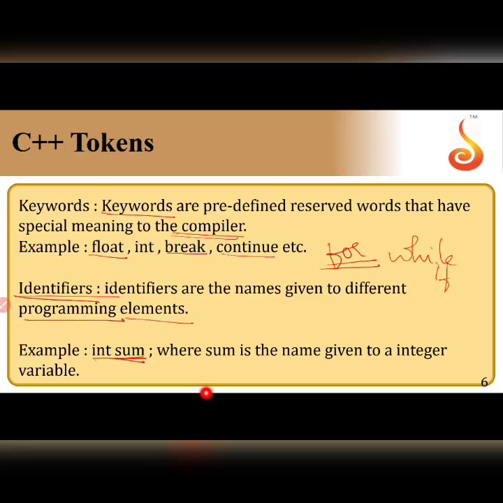For example, I can also have char name[20], which means that name is a character array of maximum 20 characters, that is, it is a string. This is how you name identifiers.